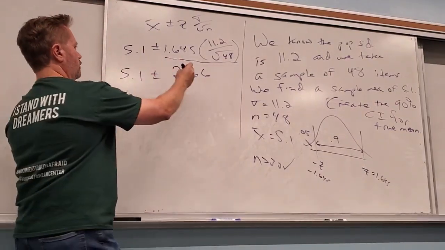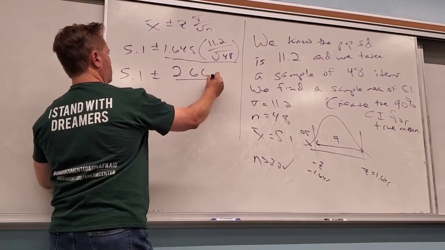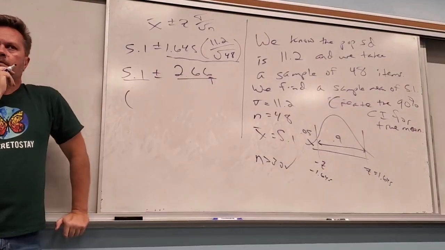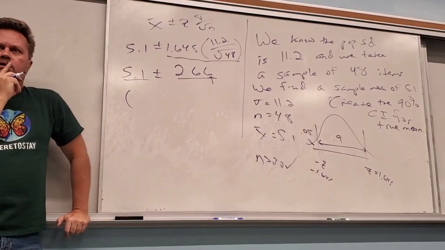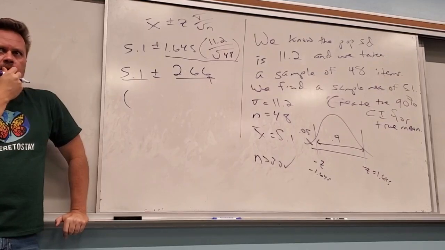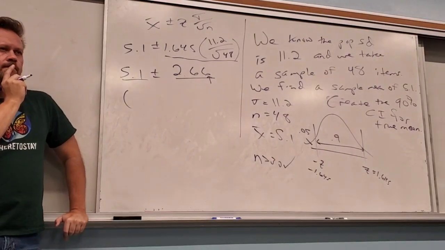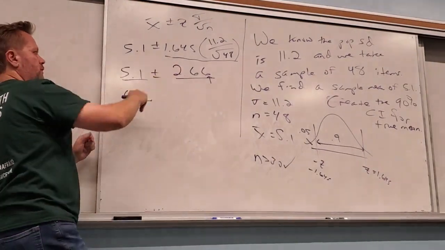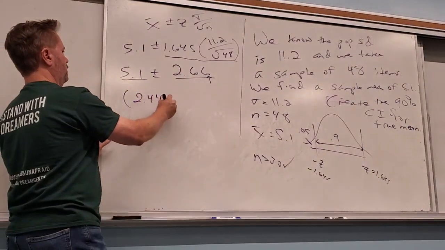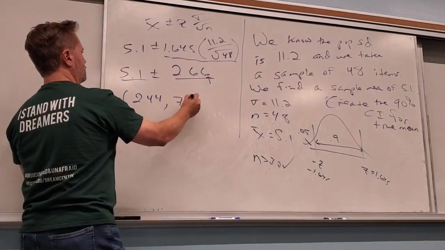So here's the thing, make sure your error is one more decimal place than this guy. Oh. Okay, that's a good rule of thumb. Cool. Okay. So it's 5.1 minus 2.66. 2.44. And then plus.